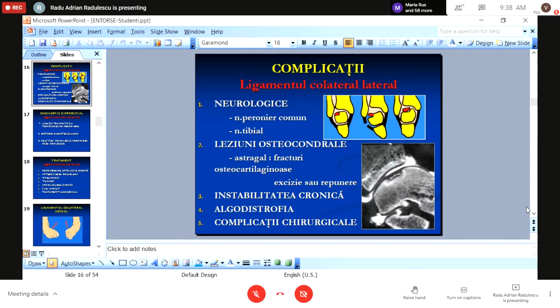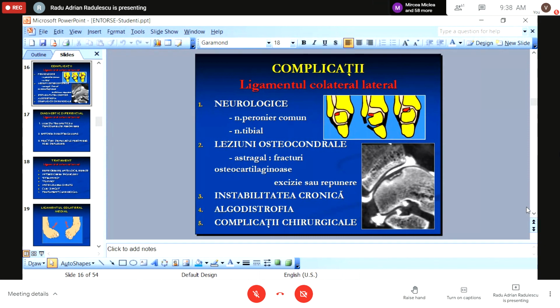What complications may accompany a sprain of the ankle? Well, we may have sometimes, but not very often, neurological complications, meaning damaging of the nerves. And probably the most common among these complications is the temporary palsy of the common fibular nerve.